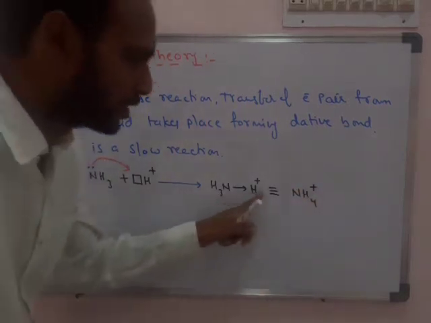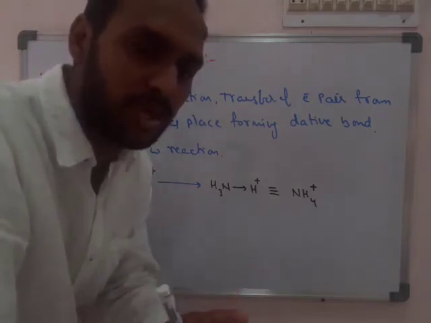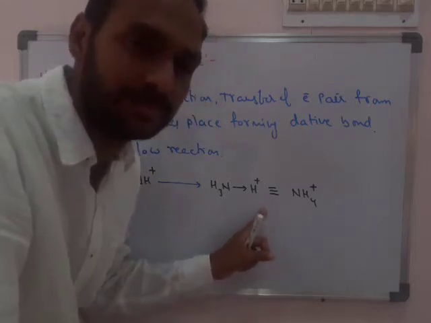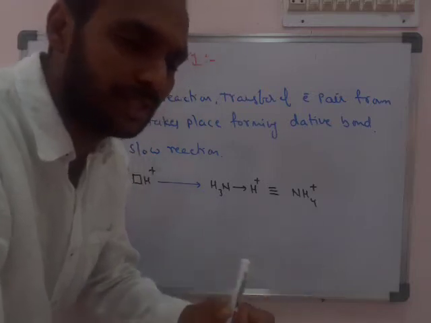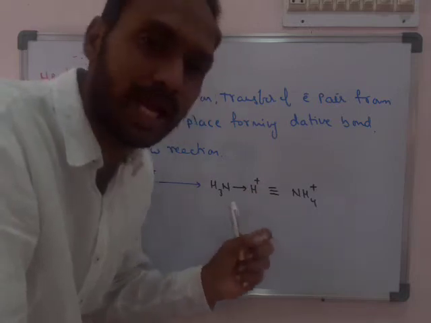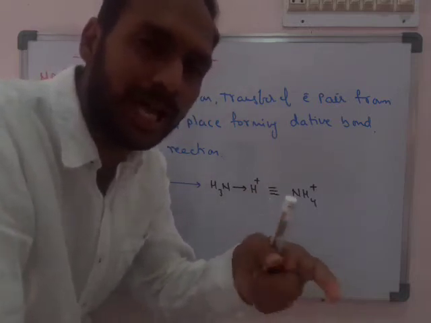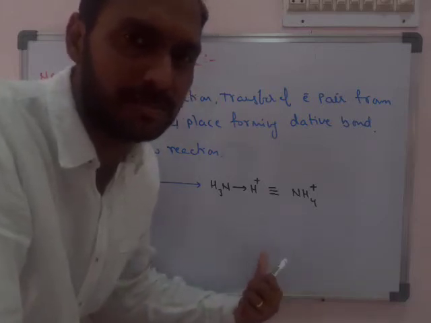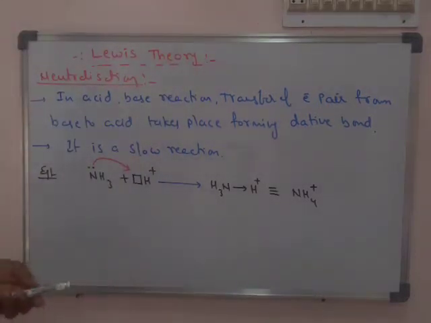After the bond formation, the positive charge is not present only on one H+; the positive charge shifts from one hydrogen to the other hydrogens after the formation of a dative bond between NH3 and H+. That's why we write NH4+, ammonium.